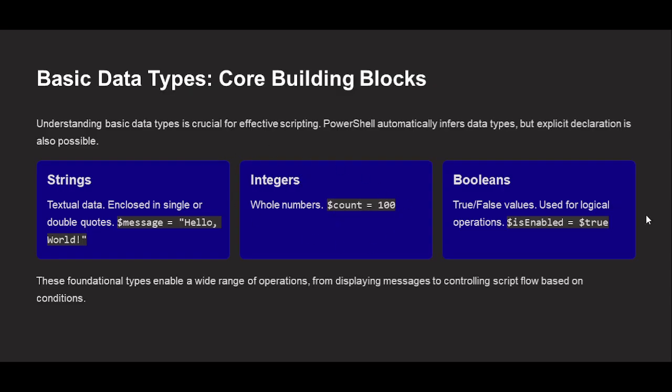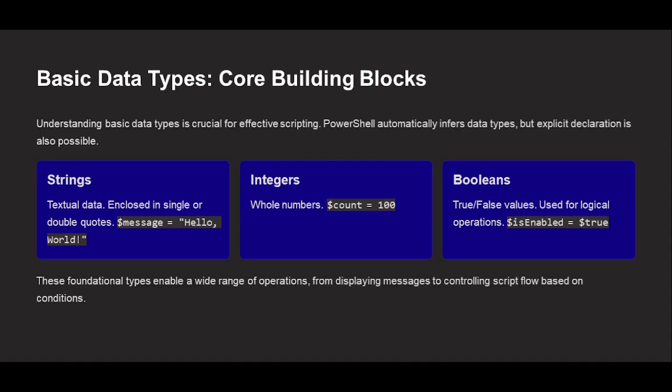Another data type is Boolean. The Boolean data type is always true or false. It means that whatever value is stored by the Boolean data type will either be true or false. For example, is enabled, it is kind of a question, right? Is enabled true or is enabled false?